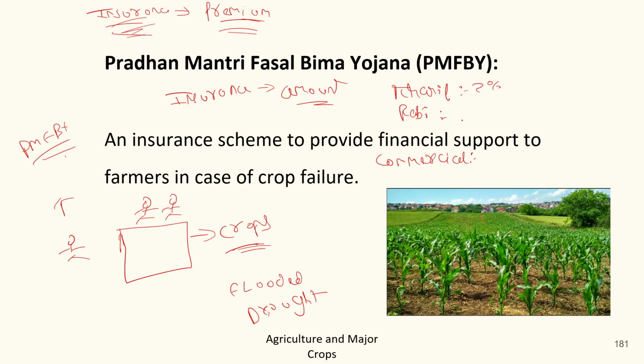For Kharif, it is 2%. For Rabi, it is 1.5%. For commercial crops, it is about 5%. So a farmer claiming the rights under this scheme is required to pay this premium to the government authorities: Kharif crops 2%, Rabi crops 1.5%, and commercial crops 5%. Got it? So here we have finished the Pradhan Mantri Fasal Bima Yojana.